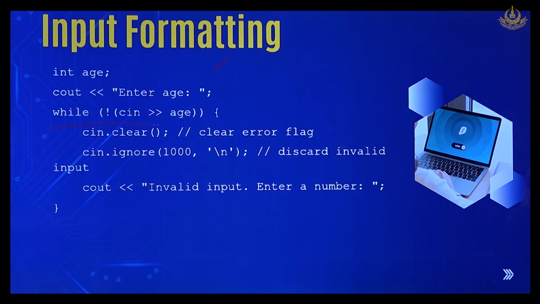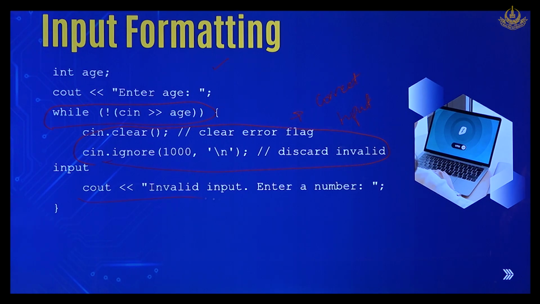So here we have a while loop. It is checking whether the correct format of input is being added, it is checking for correct input. While the person does not add a numerical value in the age, it gives you an error. It clears the input and then sets the invalid number.